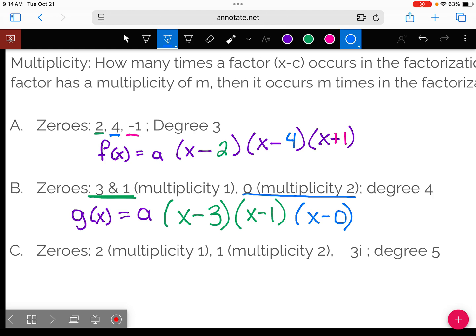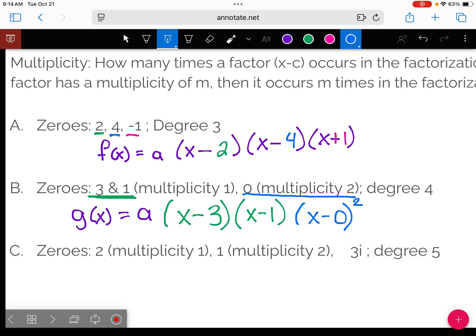But it's got a multiplicity of 2, so it means it's going to happen twice in this function. So it's squared. Or you can write it again and put x minus 0 times x minus 0. You could also just write that as x squared, because x minus 0 is just x.